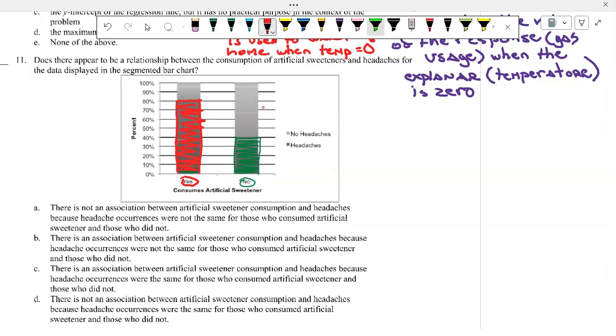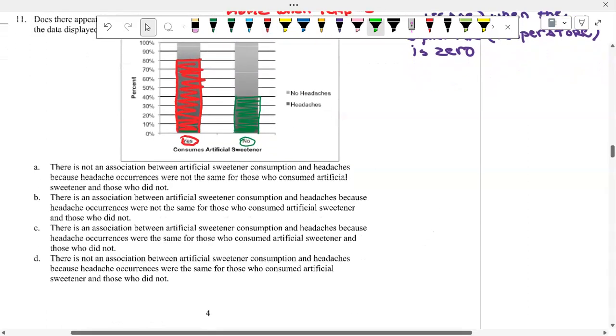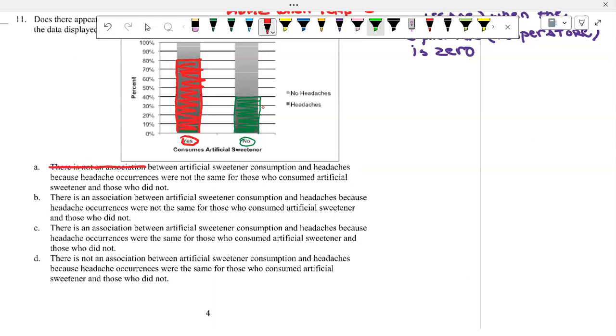So we're looking for the response that says there is an association. A is not an association. B is. C is. D is not. Let's see what these two say. There is an association between artificial sweetener and headaches because headache occurrences were not the same for those who consumed artificial sweeteners and who didn't.